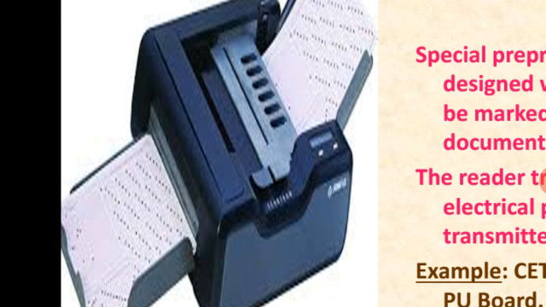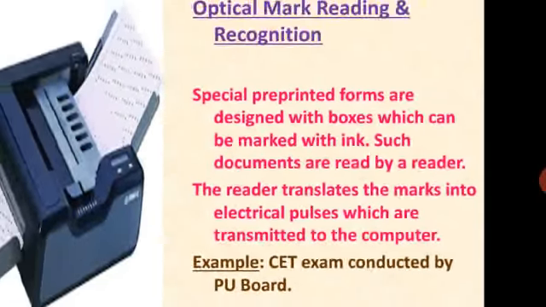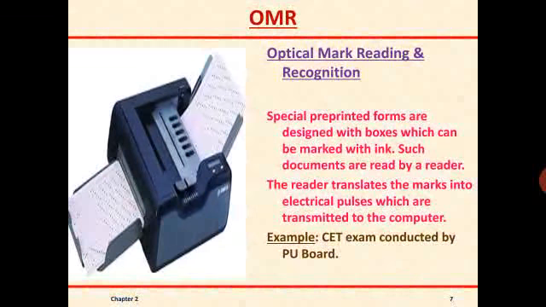One question has four answer options. If you mark one answer out of four in the box, the paper is placed in this reader, and the reader recognizes which answer you have marked and transmits it to the computer. This is our OMR, and it is also an input device.